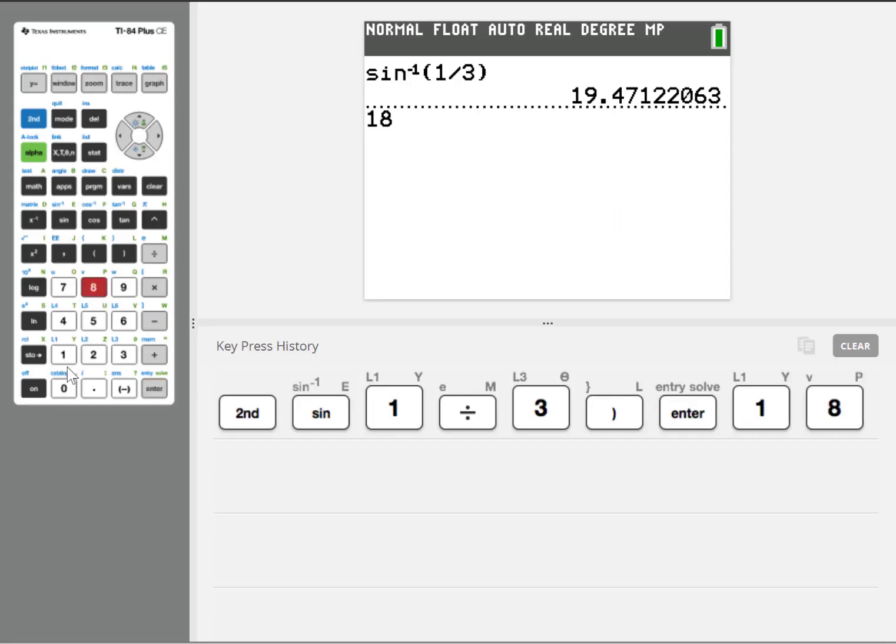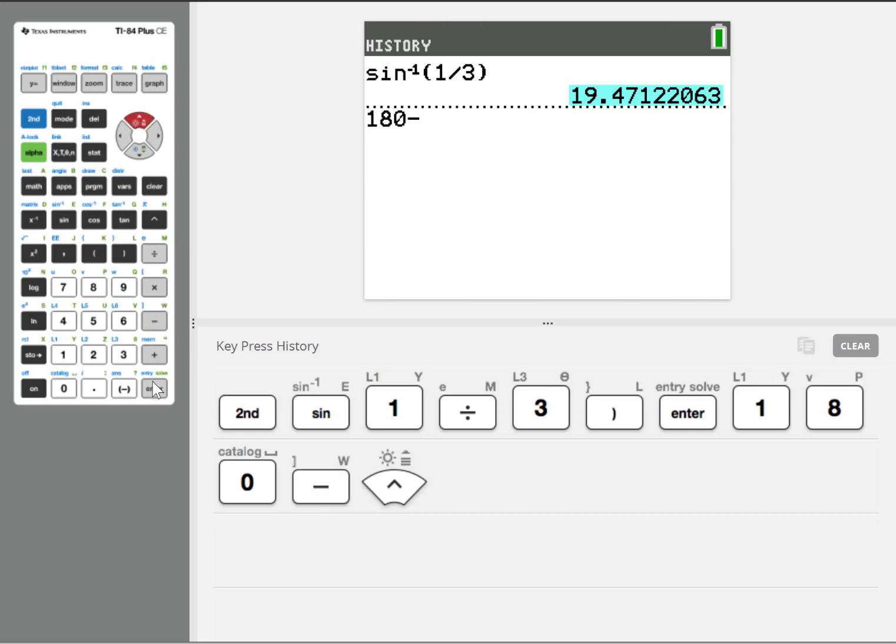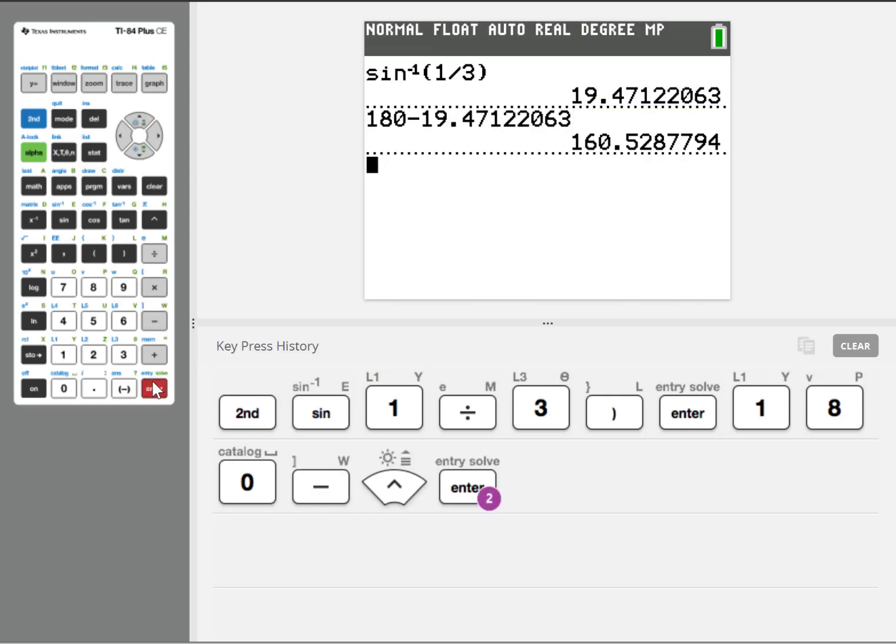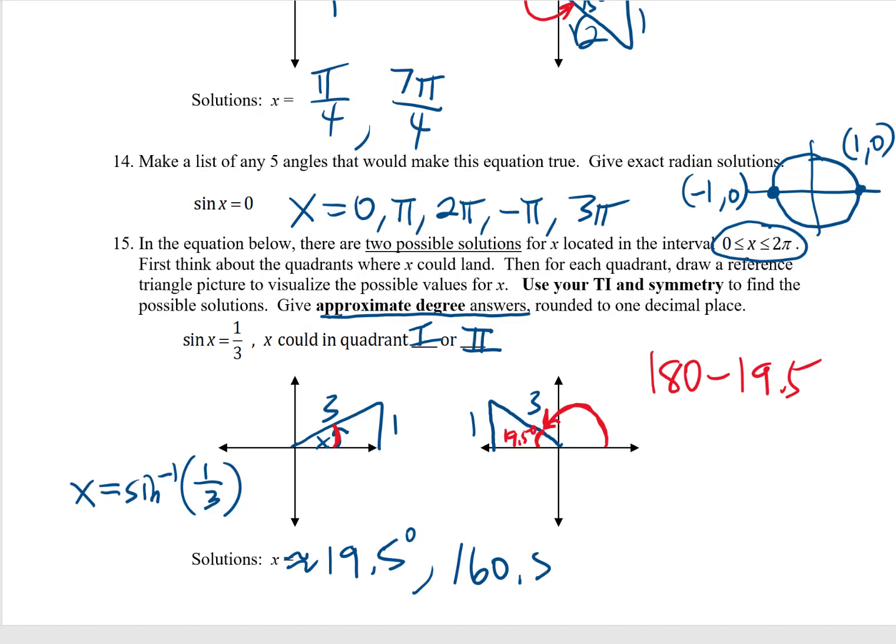Just to make sure I don't lose any digits, I'll do 180 minus that last answer, and that gives me 160.5 degrees. Well, that is another possible answer to this equation. Sine of about 19.5 makes a ratio of 1/3. Sine of about 160.5 degrees also makes a ratio of 1/3.